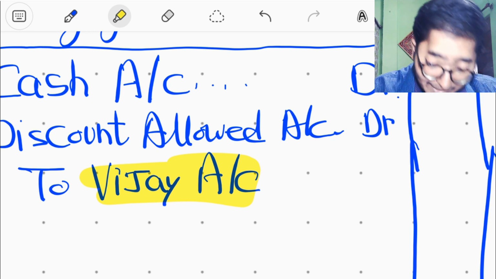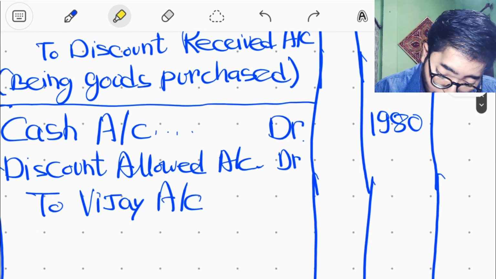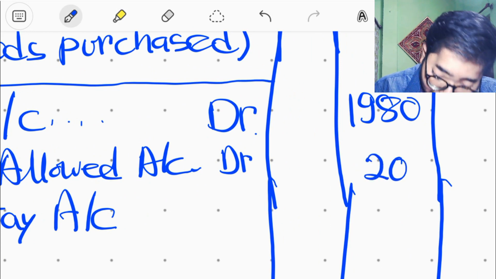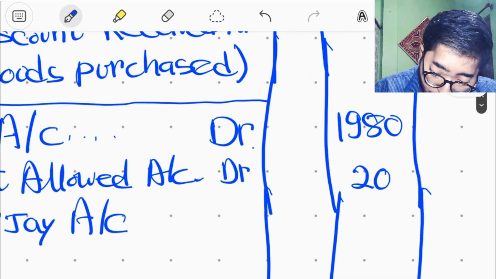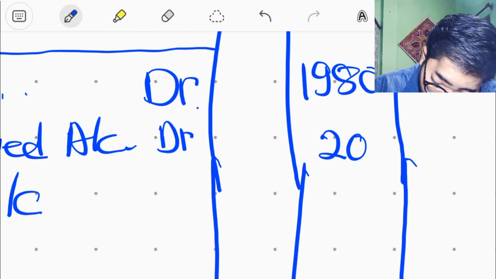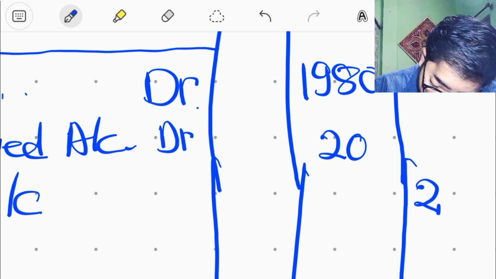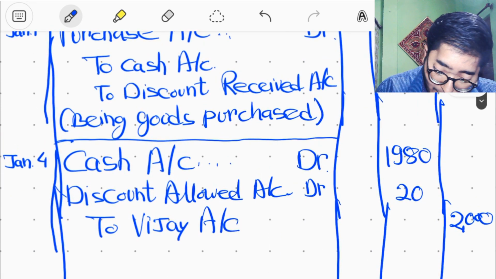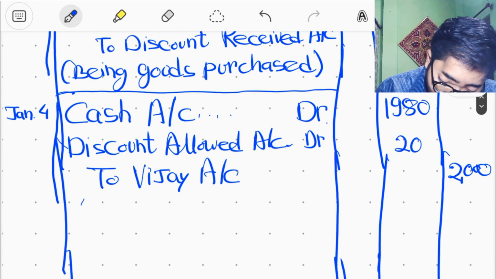I hope you are getting it. So cash account debit 1980, discount allowed account debit 20. So what would be debited? What would be credited to Vijay account? It should be 2000 rupees. And finally, this entry is complete.